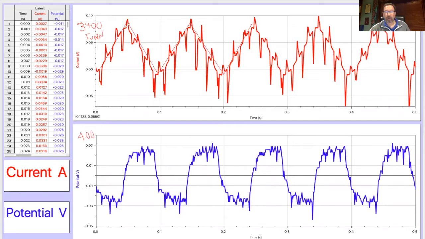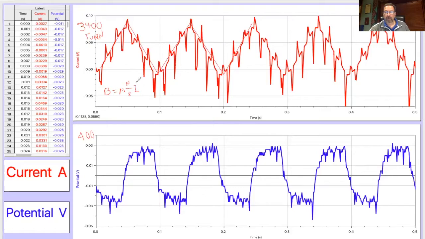And while this current was being sent to the big coil, it was changing the magnetic field. And remember, the magnetic field for a solenoid should be something like B is equal to the permeability of free space times the number of turns, that's 3,400, divided by the length of the thing, and I guess I'll use little l, sometimes I use big L, times the current.